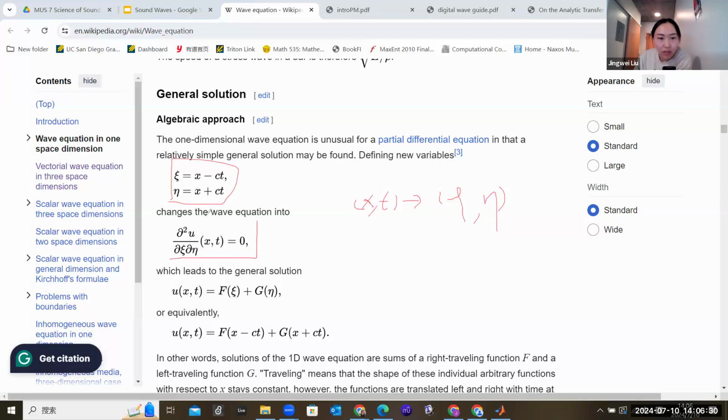This is a much simpler equation, and you can see this is equal to 0, and then you can separate ξ and η. So ξ and η are independent.